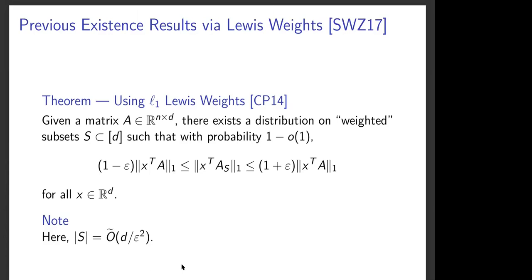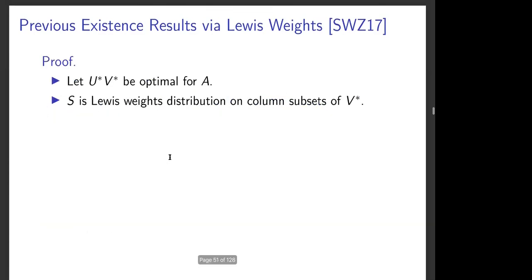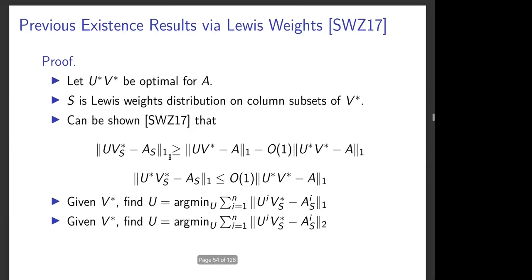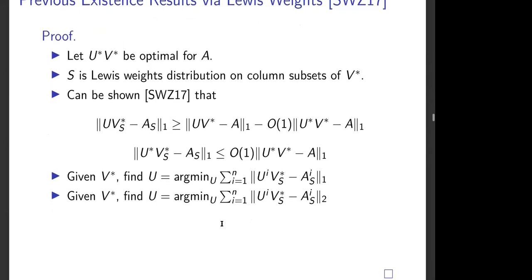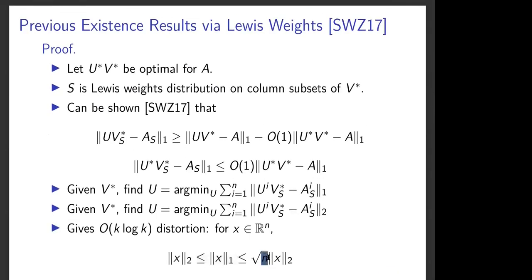Okay. So the main problem with using Lp Lewis weights is that the number of columns is now too large. When we switch to the L2 norm over here, then the distortion is square root of n, which would be too big.